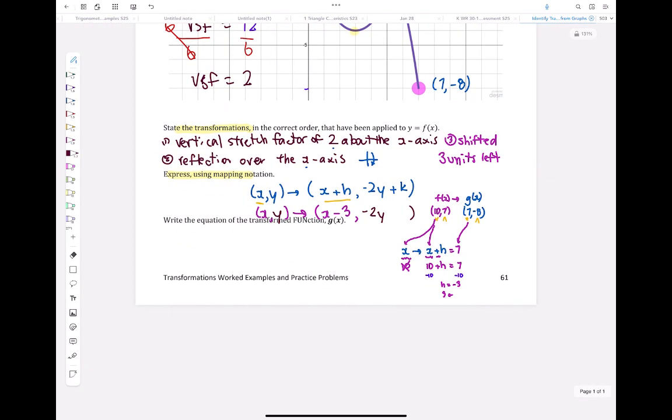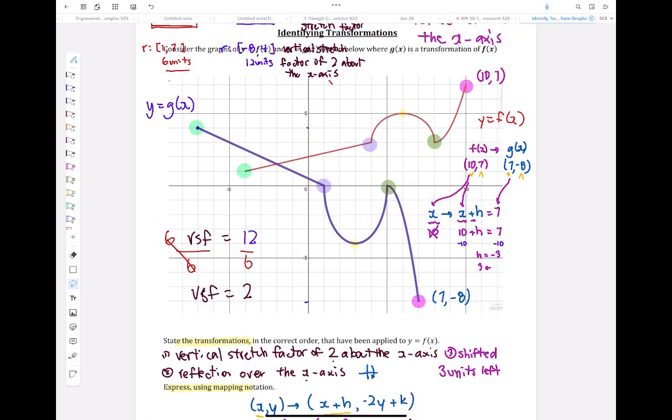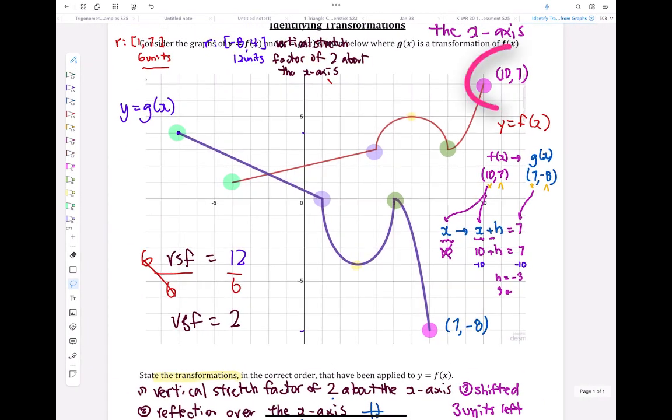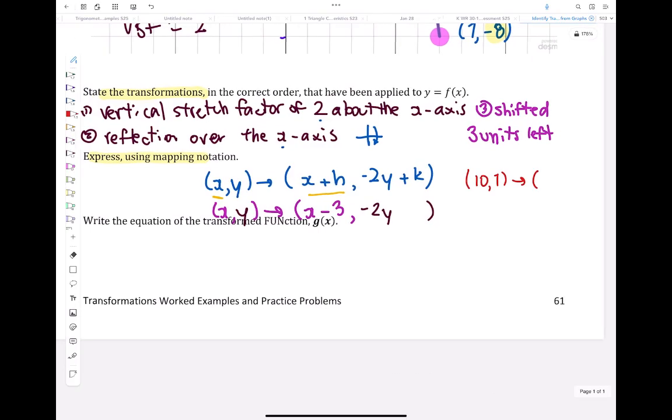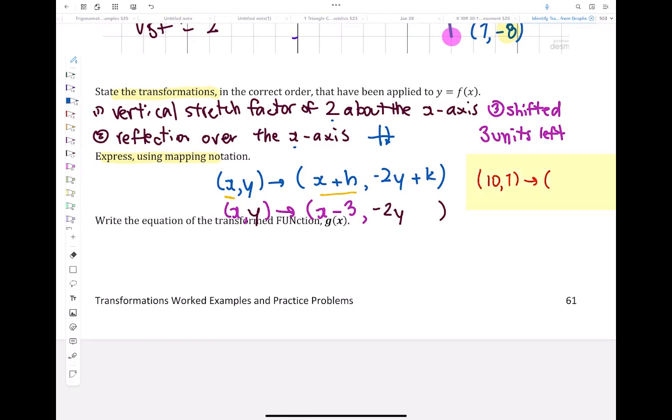So we're going to do the exact same thing again. Let's go back to our coordinates up here. And once again, let's go from the 7 to the negative 8. So we start with a 10, comma 7, and by the time we're done, it's going to turn into a 7, negative 8. And so how are we going to do that?